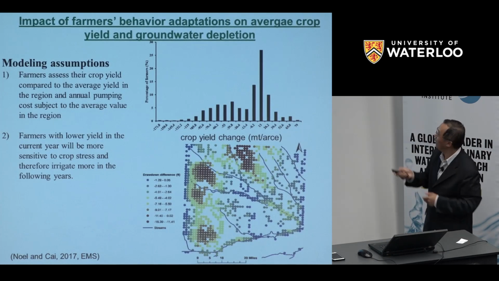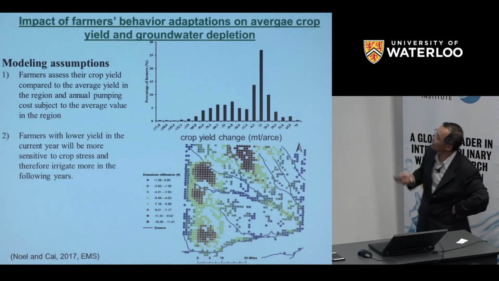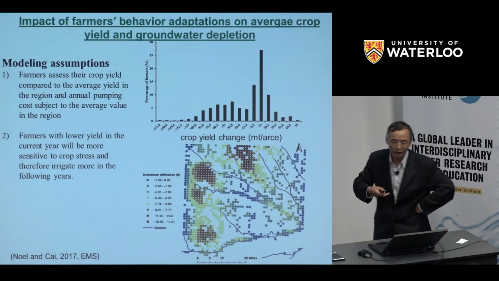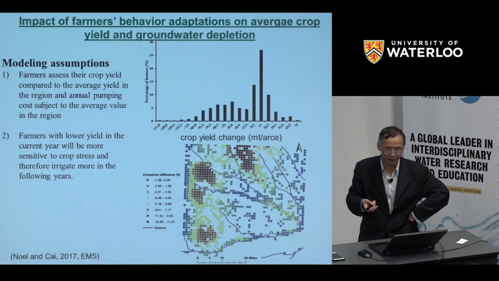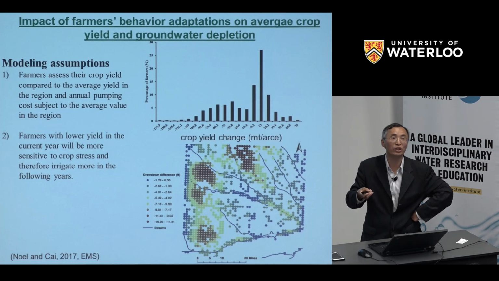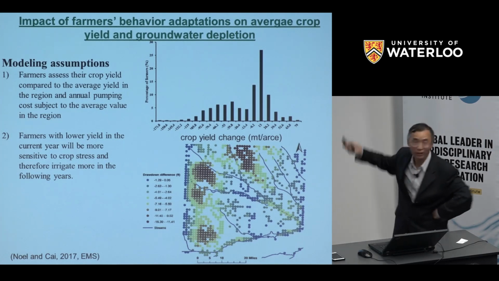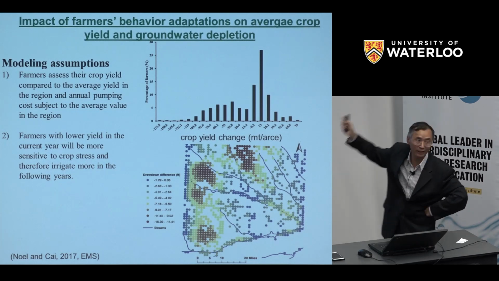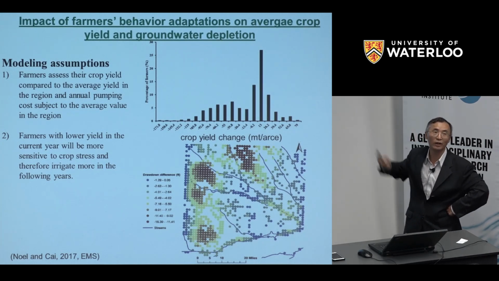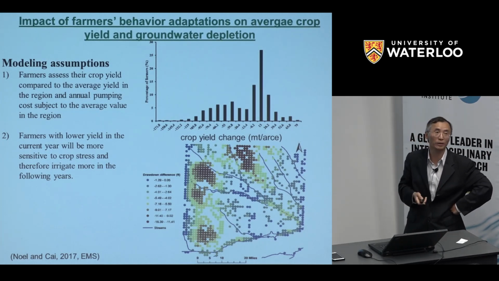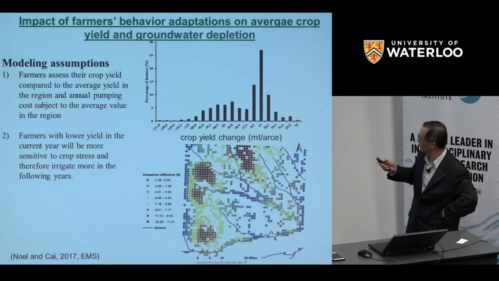And here we also simulate if farmers change their behavior, if farmers adopt some changes over time, how would that affect the crop yield and also the environment, particularly groundwater depletion? There were two assumptions here.